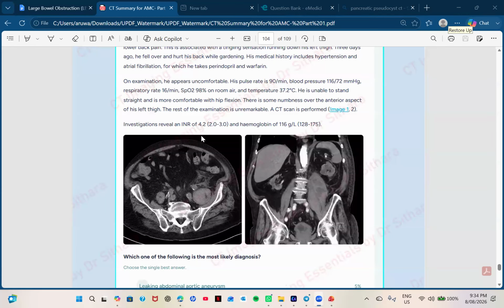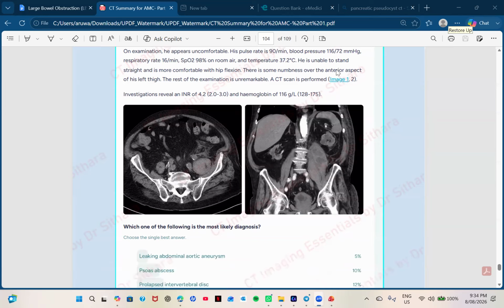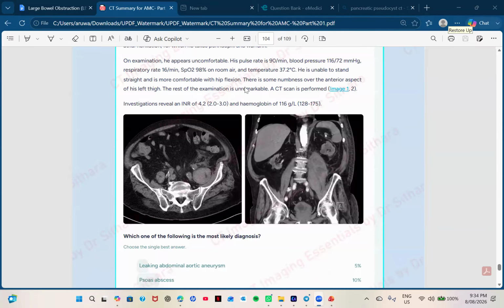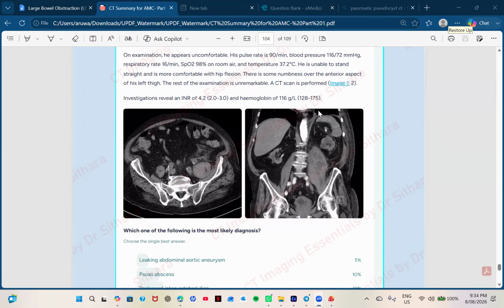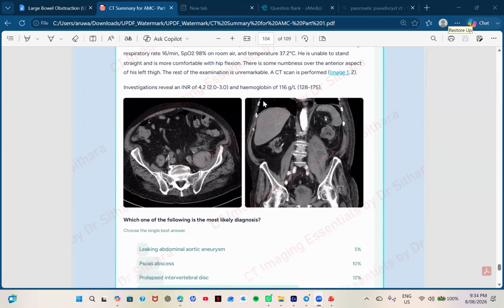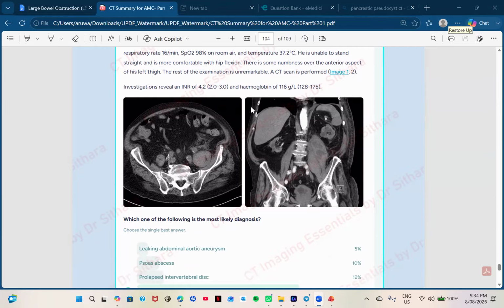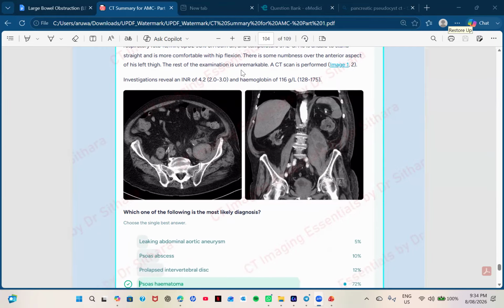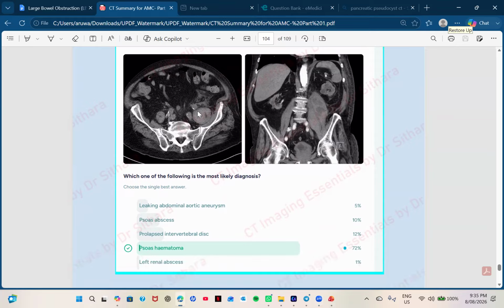Pulse rate is 90, BP 116 by 72, respiratory rate 16, SpO2 98, temperature 37.2. He is unable to stand straight and is more comfortable with hip flexion. There is some numbness over the anterior aspect of his left thigh. An abdominal X-ray and CT are performed, and hemoglobin is 116, INR 4.2.